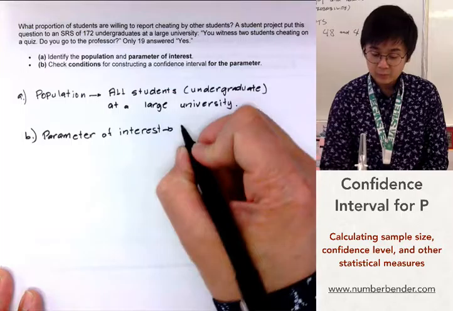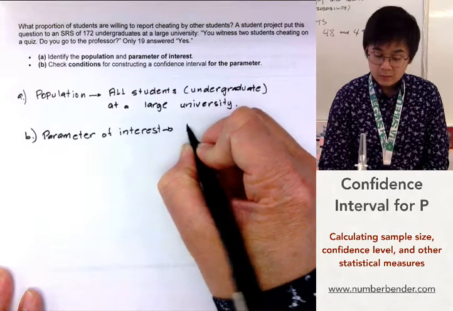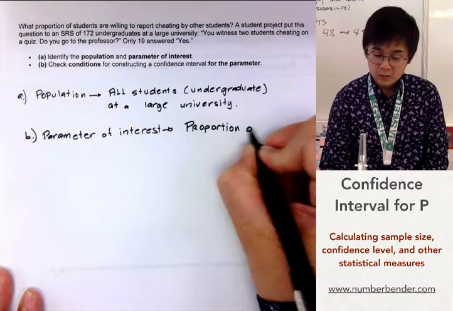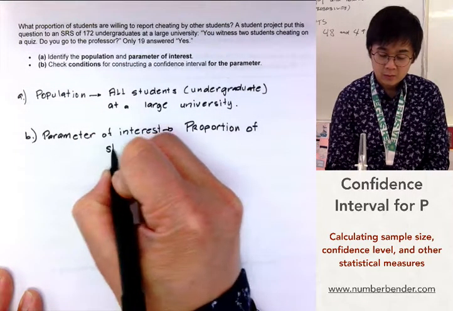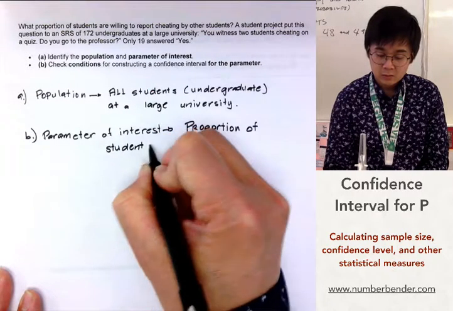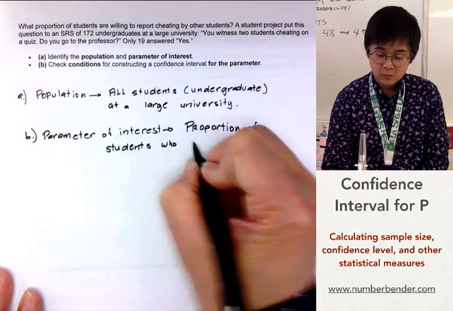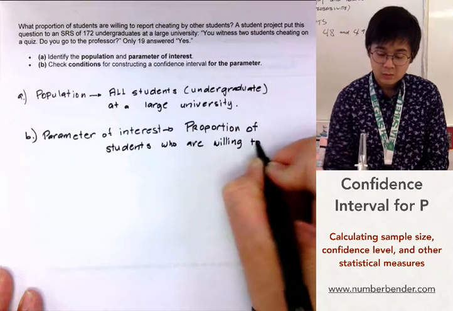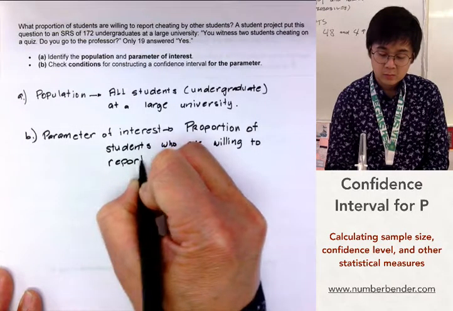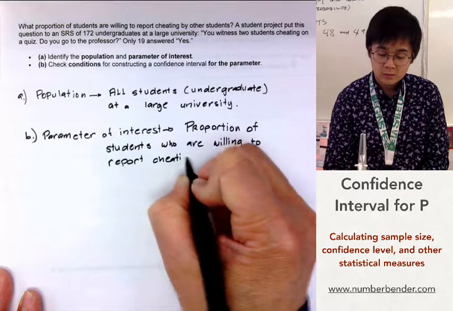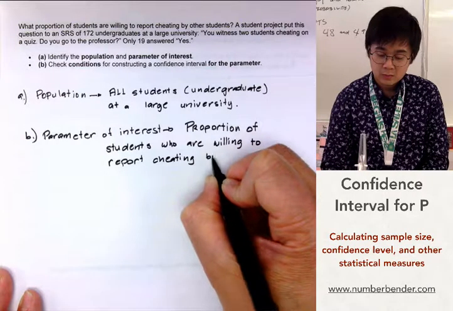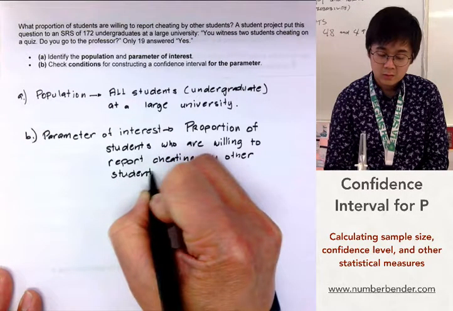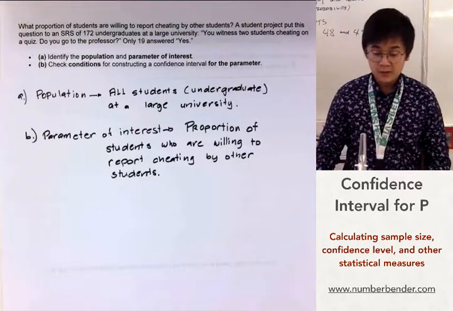So, to write it out, we just have to write proportion. So, yan yung population at yung parameter.